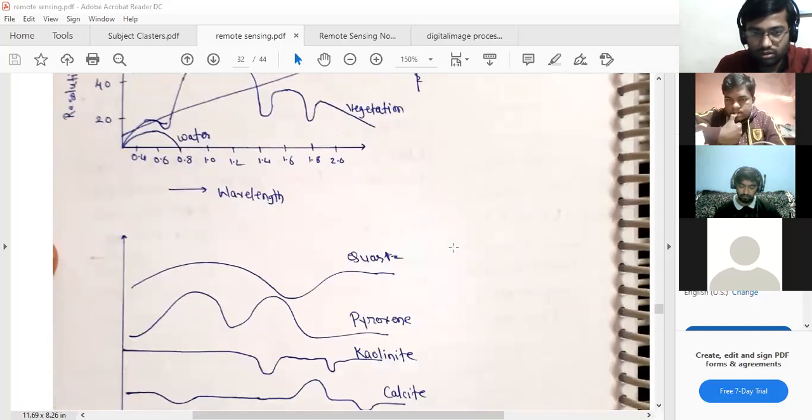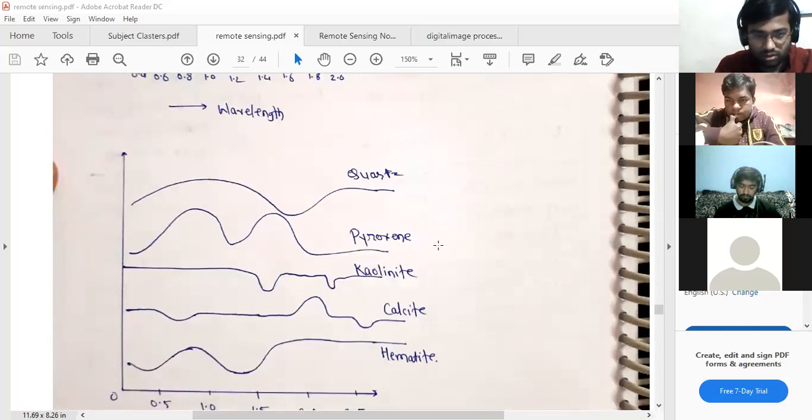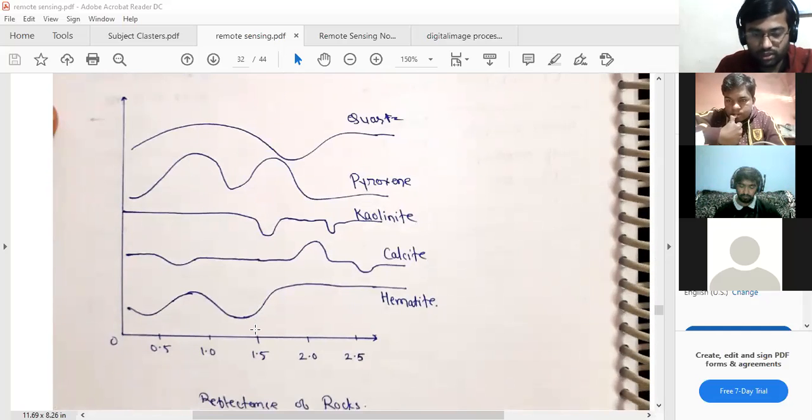There are different types of reflectance curves for quartz, pyroxene, kaolinite, calcite, and hematite. So from the reflectance curves you can identify the rock type also.